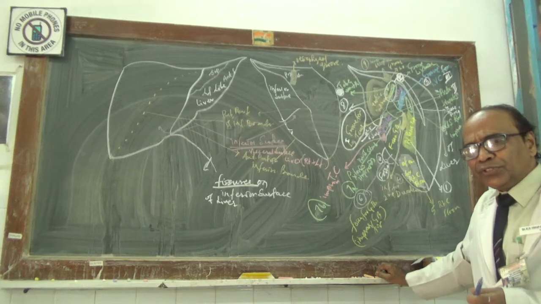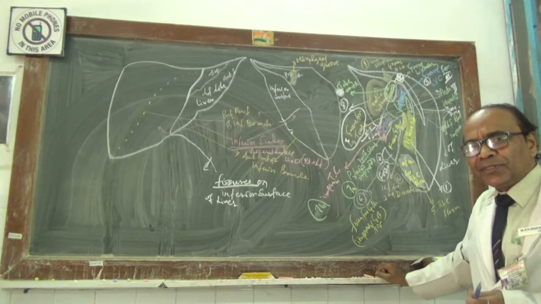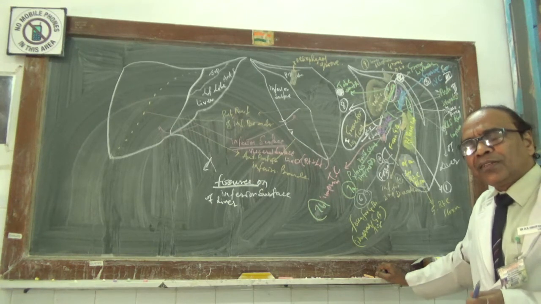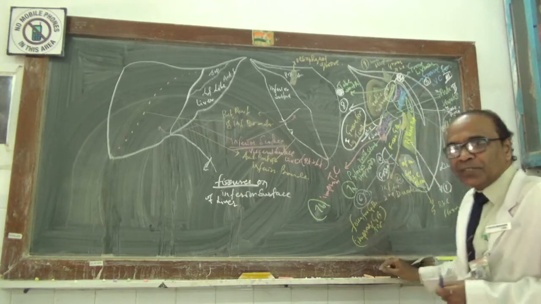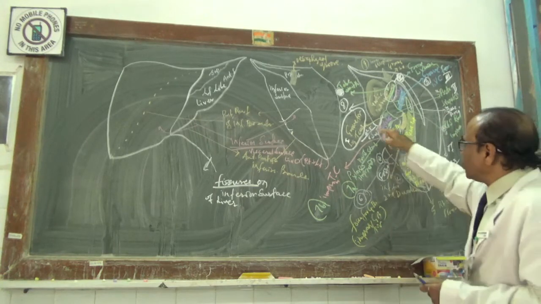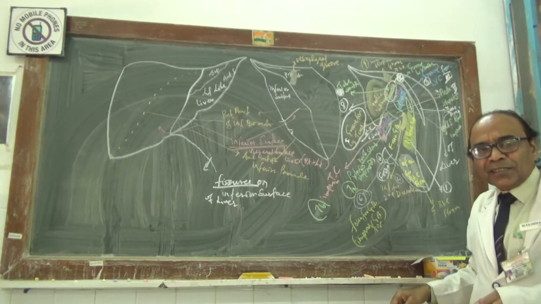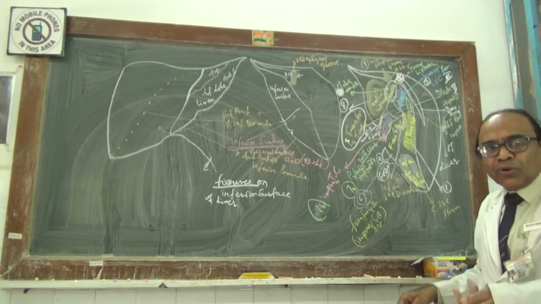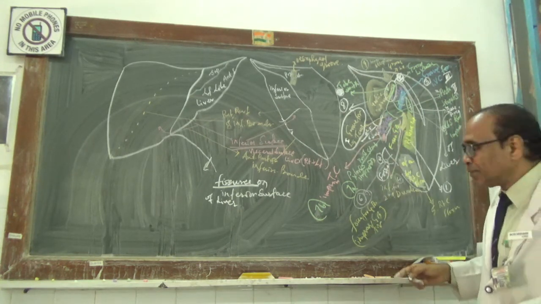Now this fissure or groove divides the inferior surface into the left lobe of the liver and the right lobe of the liver. And also this will form the anterior, below left limit of the porta hepatis.